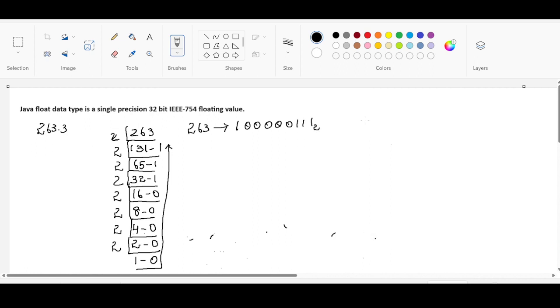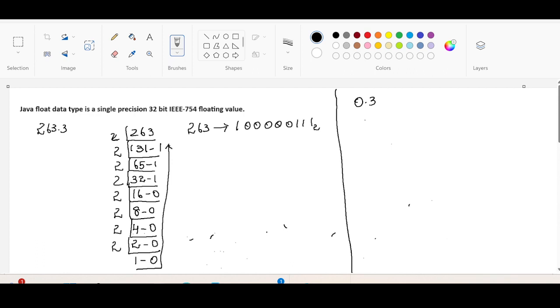We have to do the same thing for the fractional part. To convert the fractional part to the equivalent binary number, we need to follow a different approach.